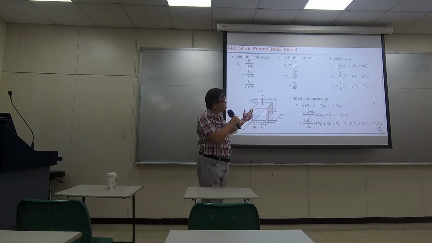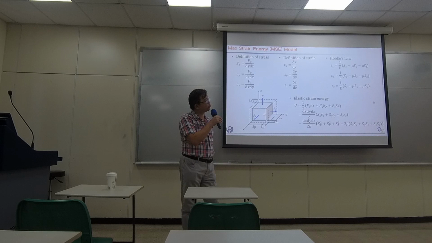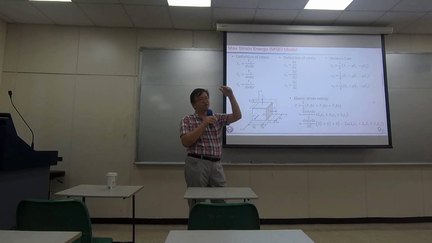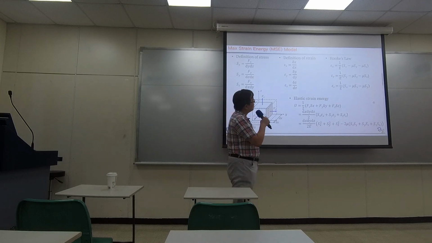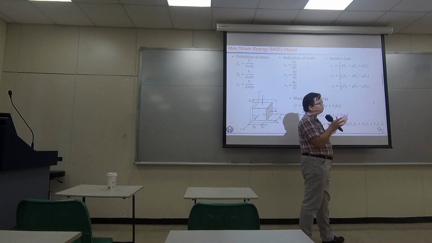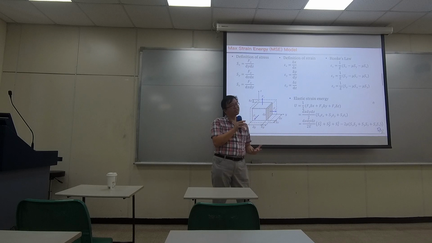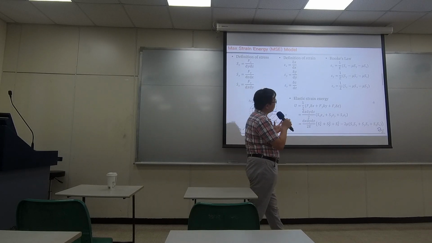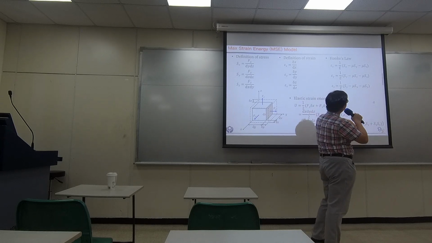So the stresses along the other two directions will affect how much deformation you have along the first direction. And Hooke's law describes how much effect comes from the other two stress directions.